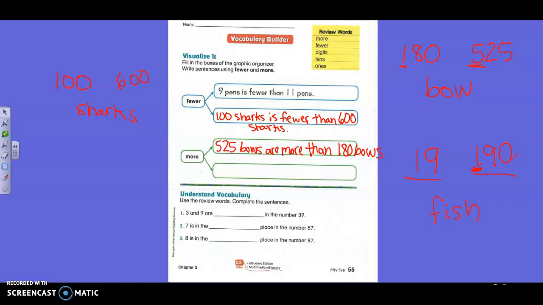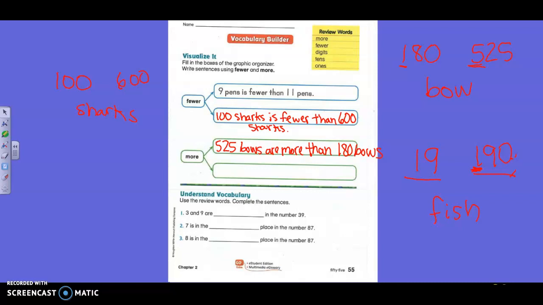We have it. What's that number? 19. And what is this number? 190. You don't want to say and 90, you just say 190. So what is the bigger number? 19 or 190?